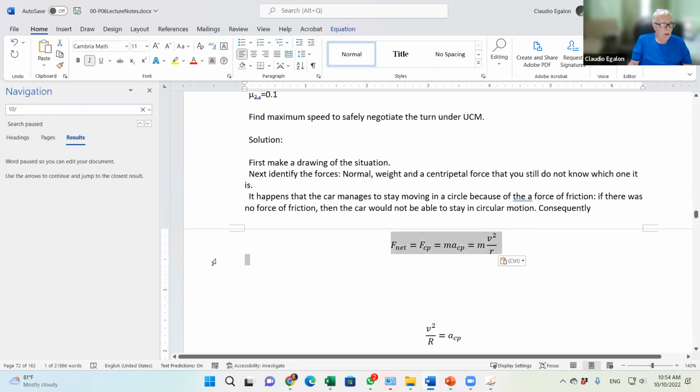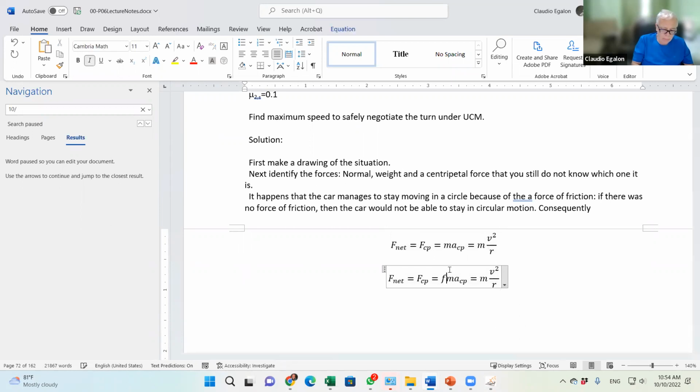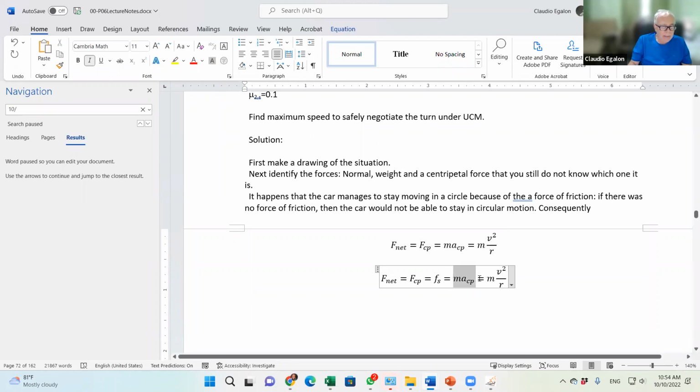But now you also have that this centripetal force is equal to the force of static friction, which is going to be equal to mv squared over r.